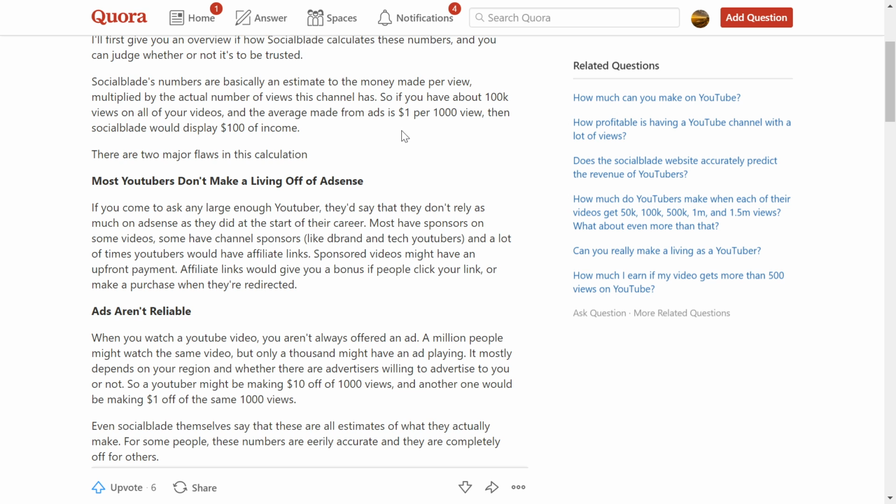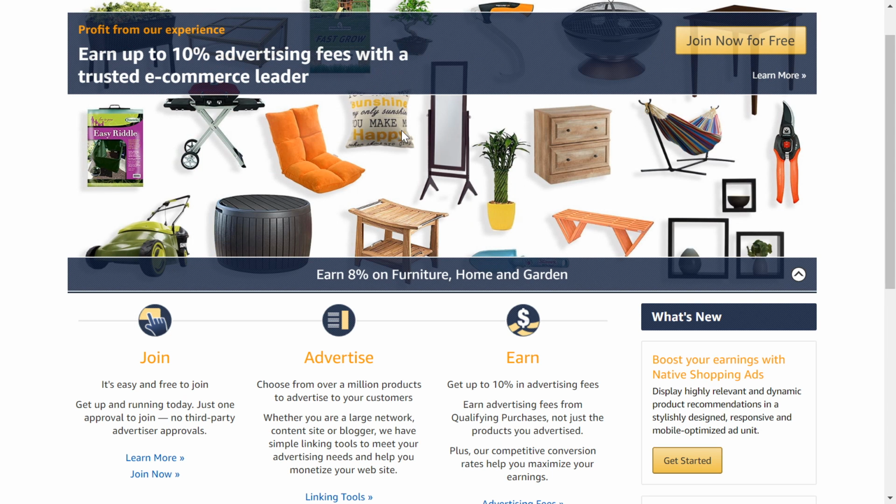The other thing it doesn't really account for is things such as Amazon's affiliate program, which offers percentages, and they can't really track that via Socialblade as to how many sales are coming in and out from product sales or digital bounties or things like that.